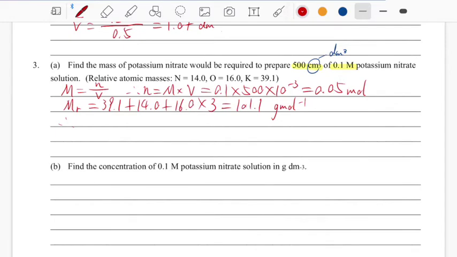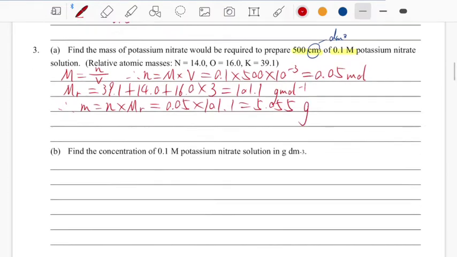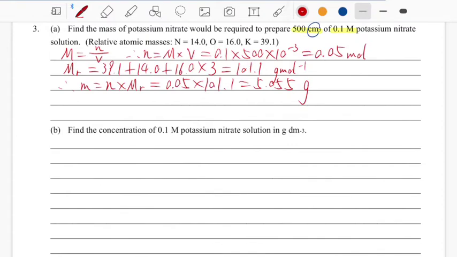Hence, we can finally work out the mass, which equals number of mole multiplied by molar mass, 0.05 multiplied by 101.1, which is 5.055 gram.